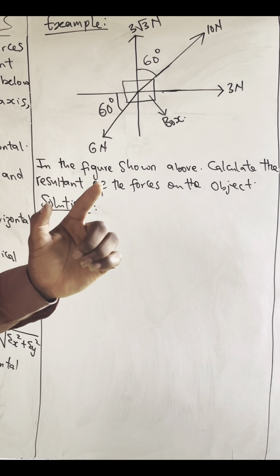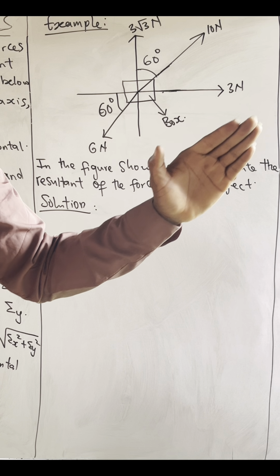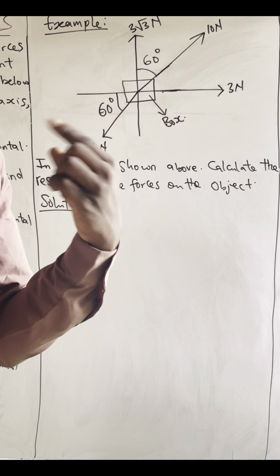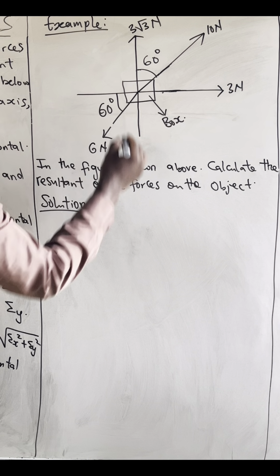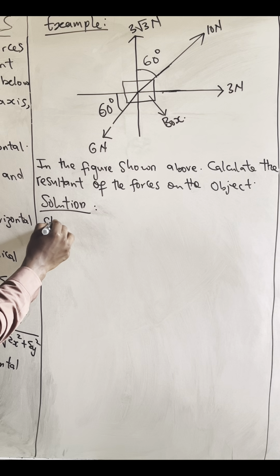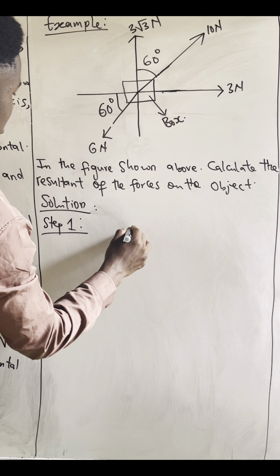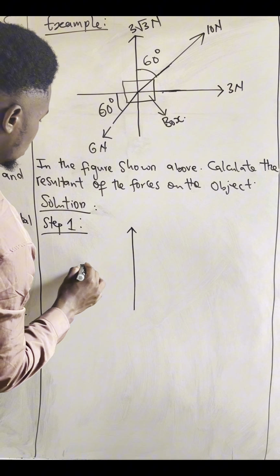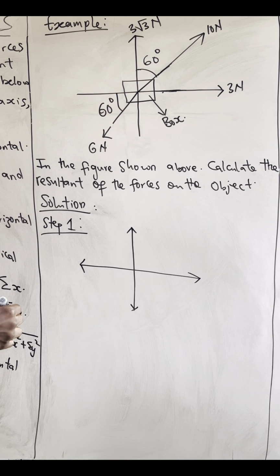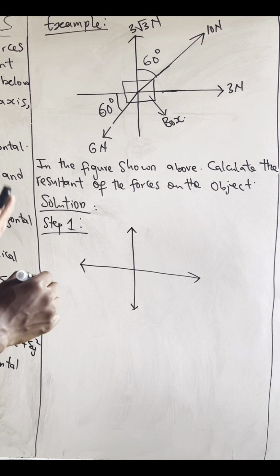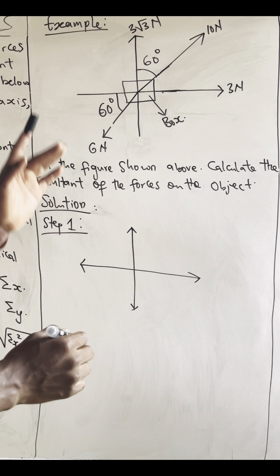The first process is that we are going to indicate the positive axis and the negative axis. If we want to do this, we are to redraw this diagram as this. Step 1. Once we've redrawn this diagram, we are going to indicate the positive x-axis, the positive y-axis, the negative x-axis, the negative y-axis.